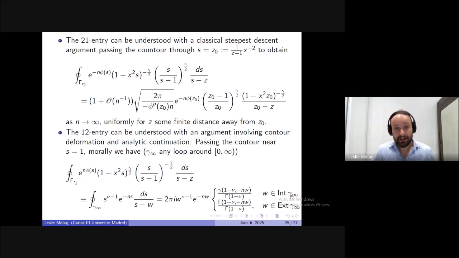So gamma infinity is some loop around the interval from 0 to infinity. And here you have the lower incomplete gamma function and the upper incomplete gamma function. But once you have this for these nice values of nu and w, you can use analytic continuation, and that shows that it actually holds for all values of nu and w. Okay.